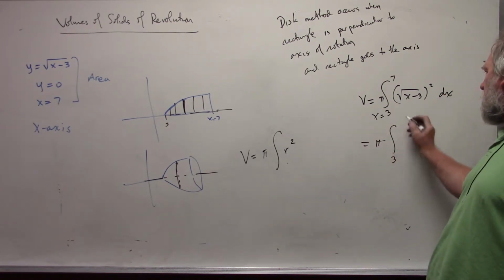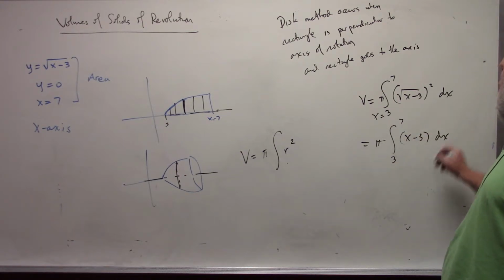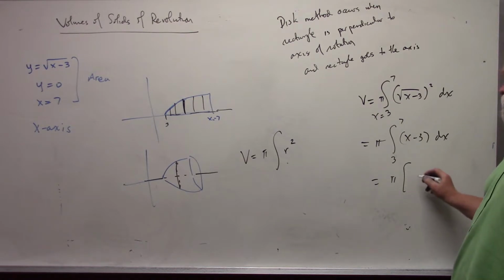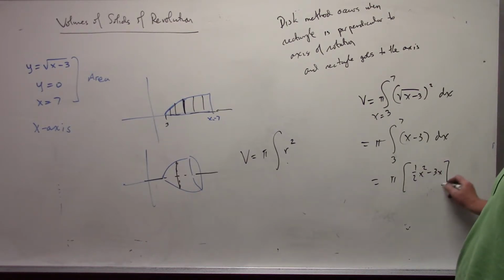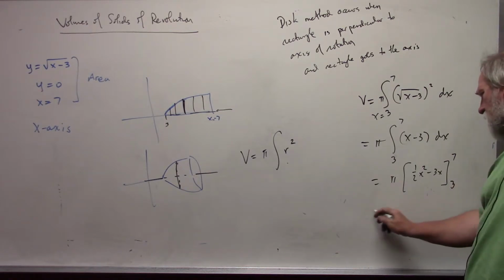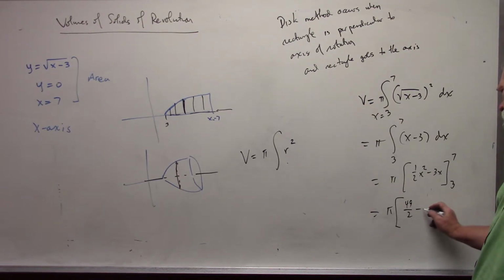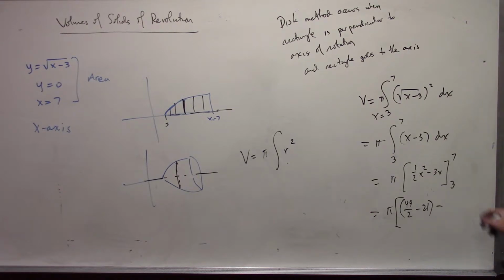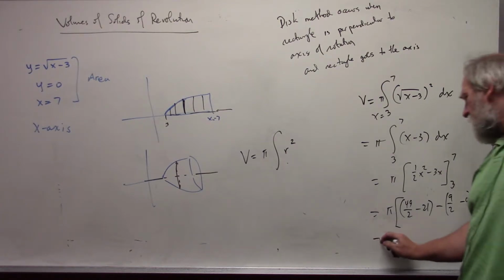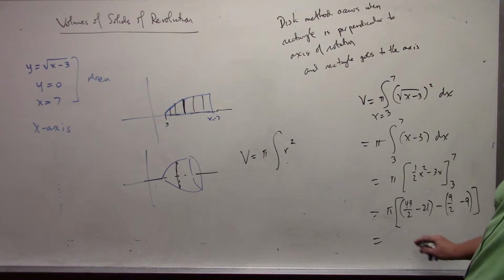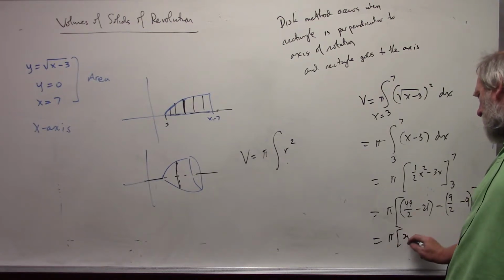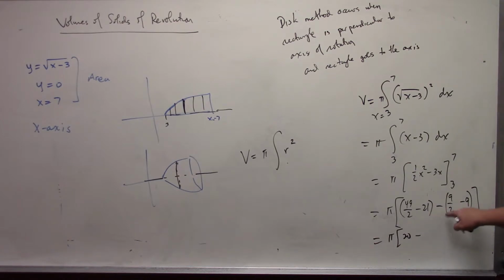Pi, the integral from 3 to 7 of x minus 3 dx, 1/2 x squared minus 3x evaluated from 3 to 7, which then becomes pi times 49 halves minus 21 minus 9 halves minus 9, which in this case comes out to be 40 halves, which is 20, minus 21 plus 9 is minus 12. And so we end up with 8 pi.